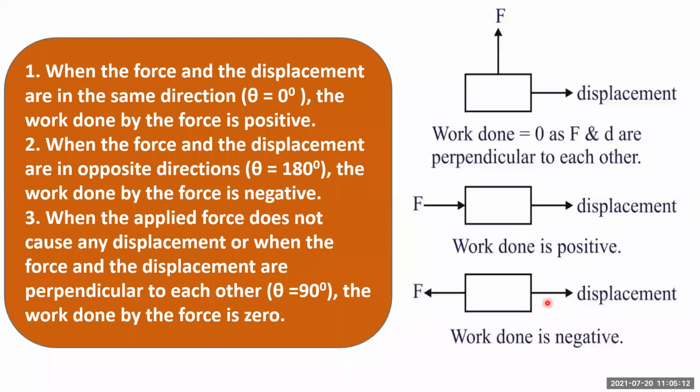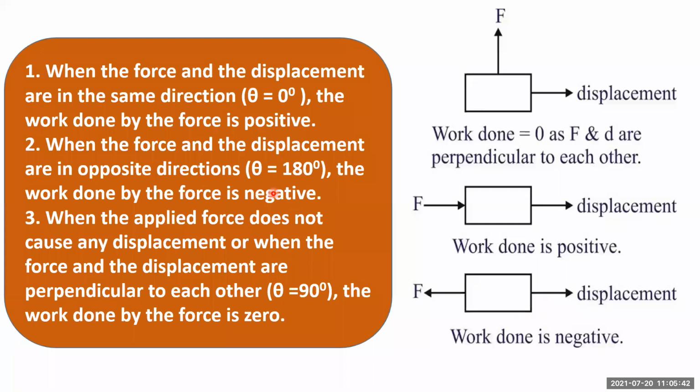Force is moving this side, and displacement is moving this side. So the work done is negative. This is an example of negative work done. When the angle between force and displacement is 180 degrees, the work done is negative.